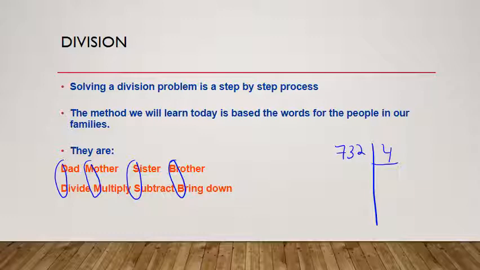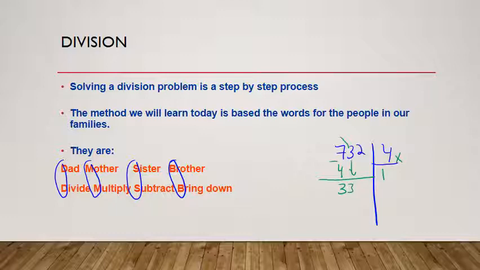Okay? The first thing I have to do is to divide. I take the 7, which is one digit, and I divide. 7 divided by 4 is 1. Now after dividing, I multiply. 1 times 4 is 4. After multiply, I subtract. After subtraction, I bring down, and I do the process all over again.